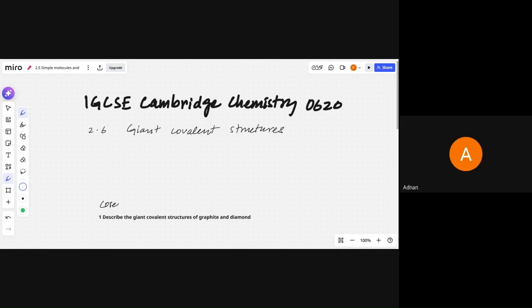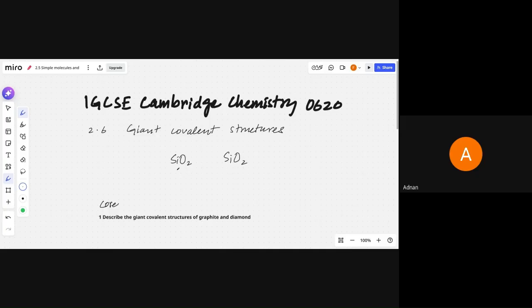At this point, if you are watching the entire series, starting from lesson 1, you may already know what giant covalent structures are. Giant covalent molecules or structures are those where there's covalent bonding between molecules.